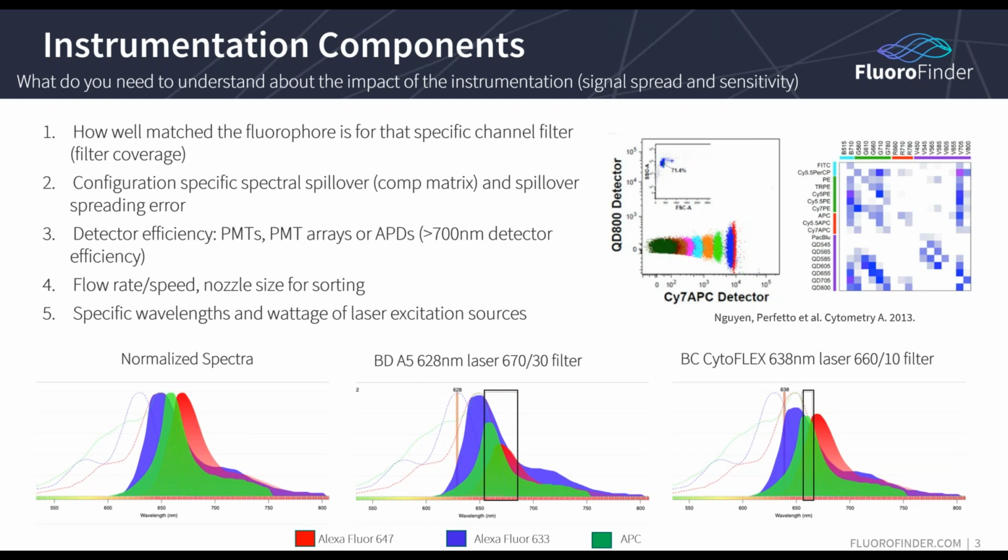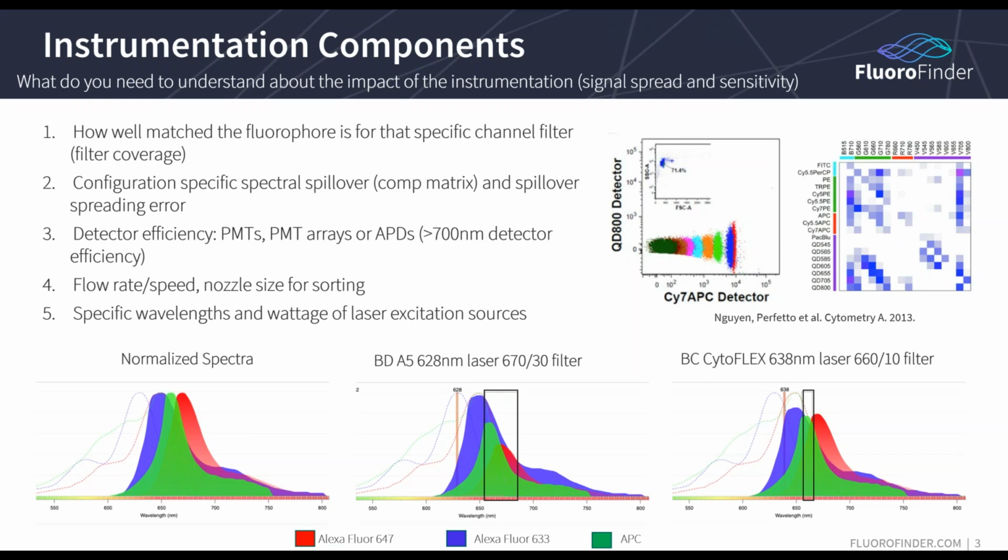APDs in particular make a big difference between, say, an Aurora and a Bigfoot, or a Cytoflex and a Fortessa. APDs are known within our area of cytometry as being a little bit more efficient beyond 700 nanometers. These are the challenges between instruments of transferring your panel.